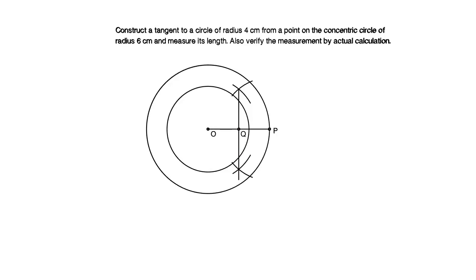Now the next step is to take the point Q as the center and OQ or QP as the radius. You need to draw a circle.